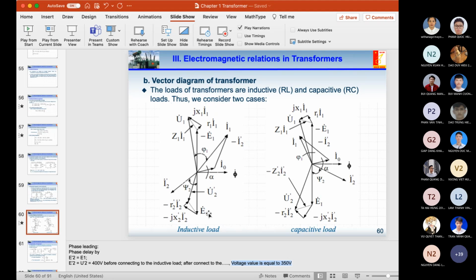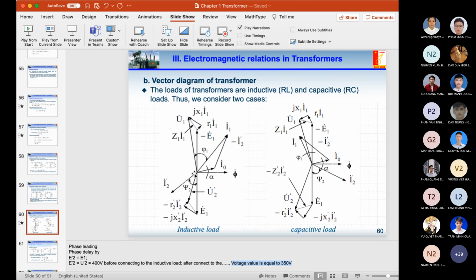If you come back to the second vector group of the transformer on the right-hand side of this slide, you can see the capacitive load. We can draw it in the same way, but you need to take care of the direction of the load current flowing in the secondary winding.